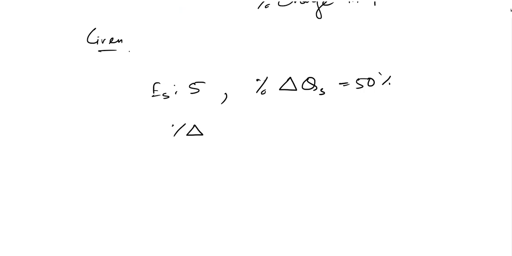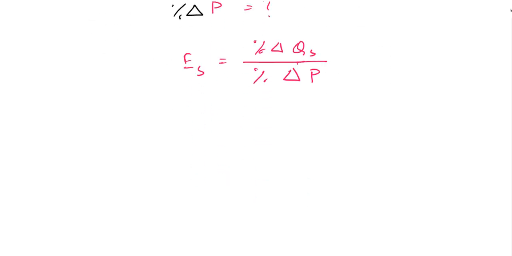So we use the formula ES equals percentage change in QS divided by percentage change in P. That can be written as: percentage change in P equals percentage change in QS divided by ES.